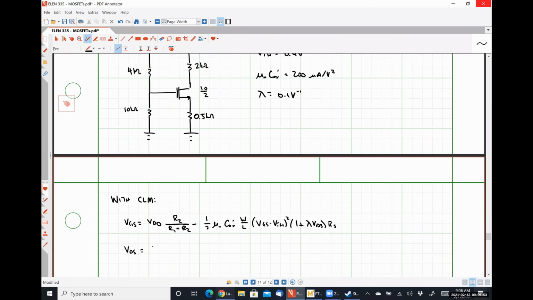VDS will be VDD minus one-half mu n Cox W over L, (VGS minus VTH) quantity squared times (1 plus lambda VDS), and all of this is multiplied by RD plus RS.